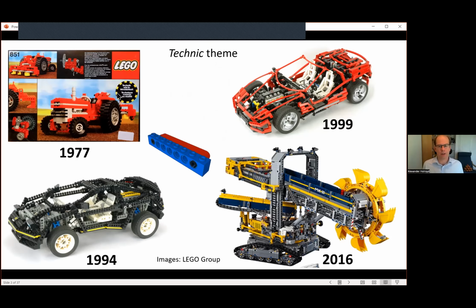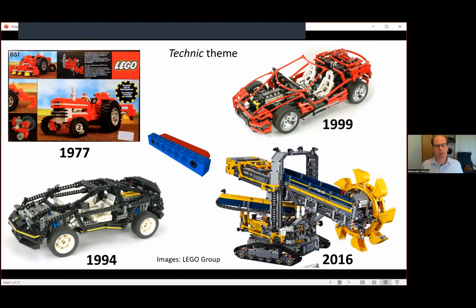Progressively over the decades, they produced more and more sophisticated things like this set, for example. Then what I particularly want to focus on is something which the Lego company calls the Technic theme, which is a sort of sub-genre of mechanisms, a system that can produce working mechanisms.